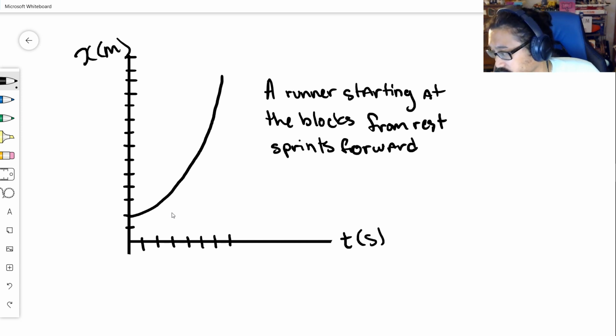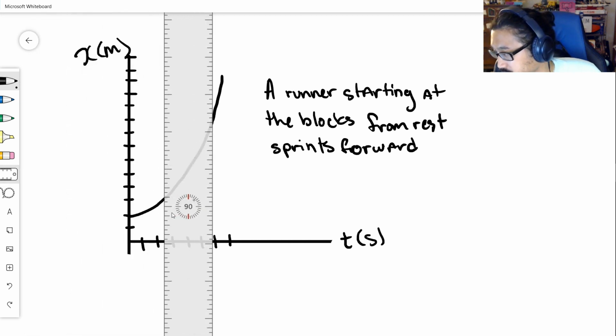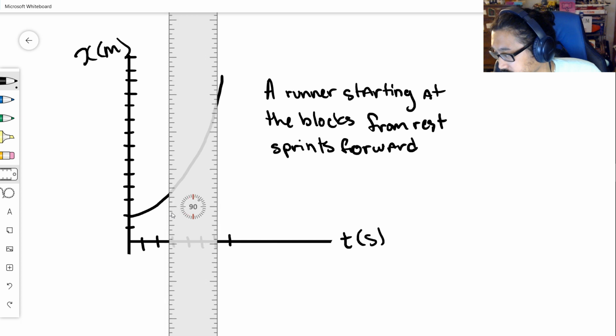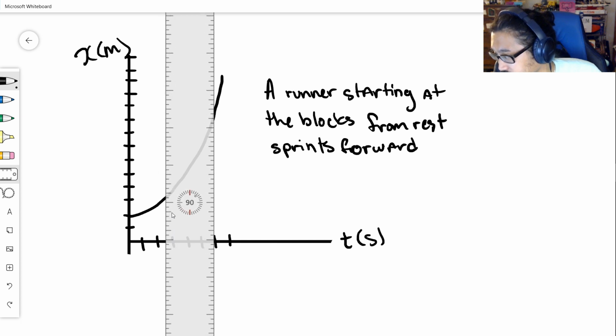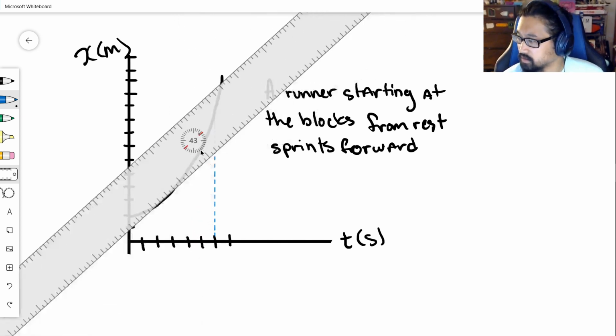Alright, so let's take my ruler back. And I'm going to draw a dotted line here, because I want to do a little math here.